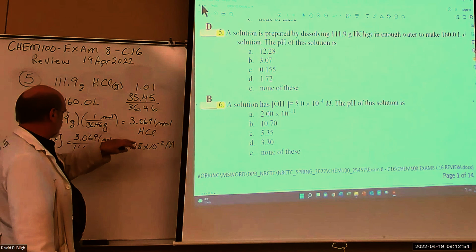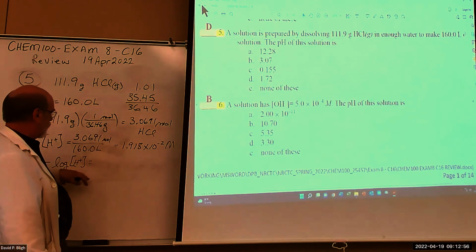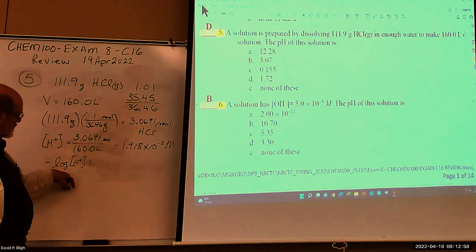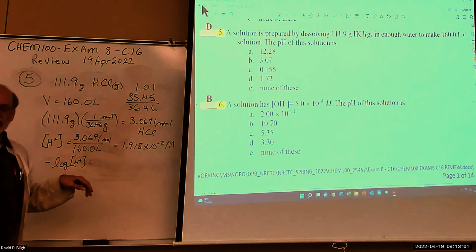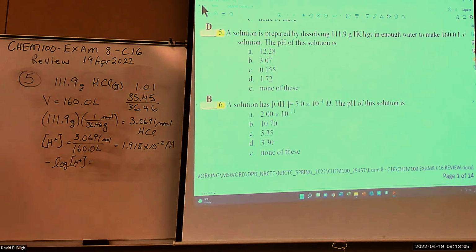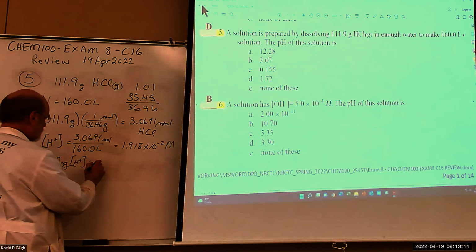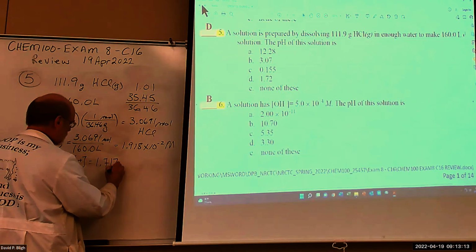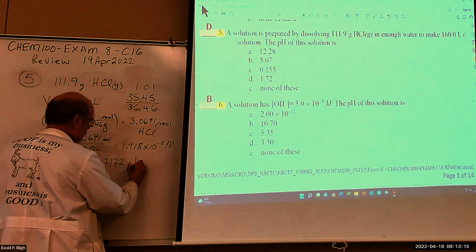Actually, I got 5 here, so I need to pare it down to 4. And the number of decimal places in our answer should be 4. 1.7172 pH.